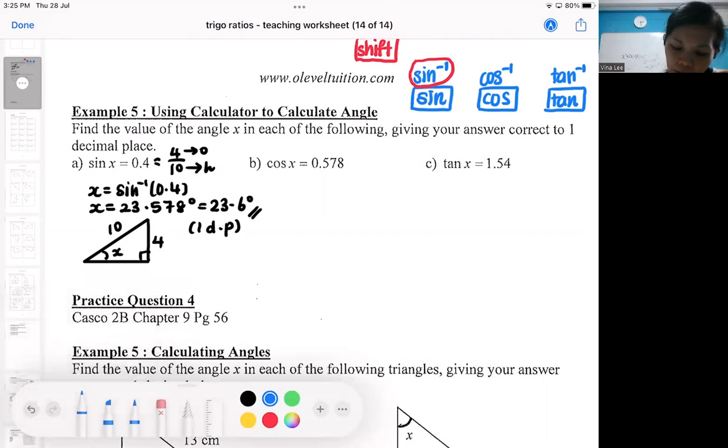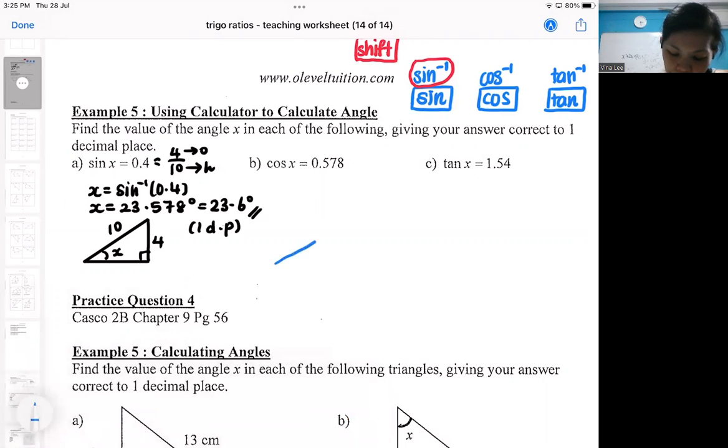Okay, so the next one, it is a cosine and the ratio is 0.578. So I can draw. Then what would the ratio be? It's up to you, you change it to fraction. So this will be the A, and then this will be the hypotenuse.